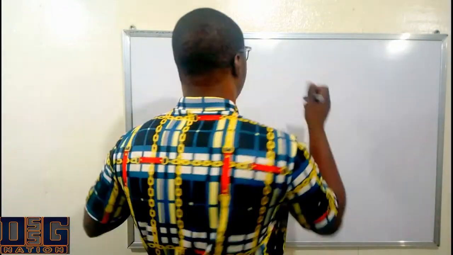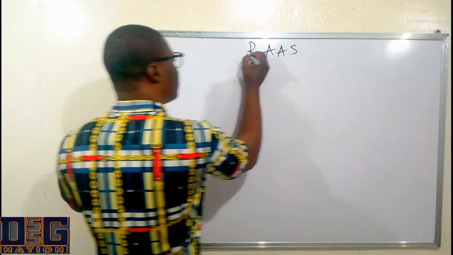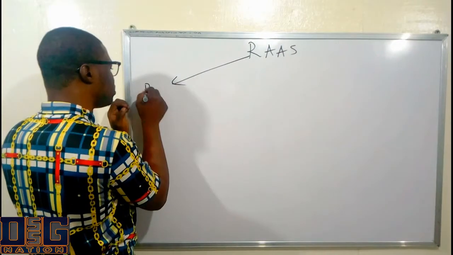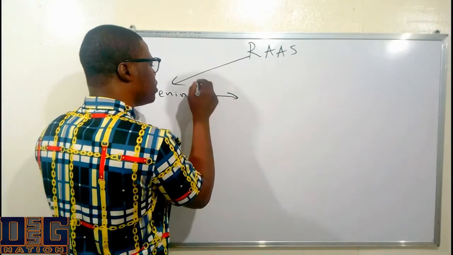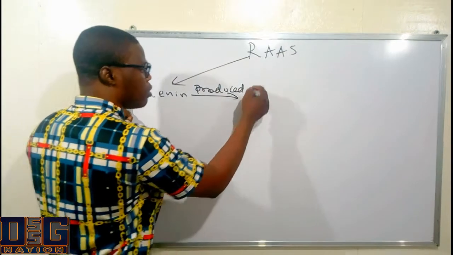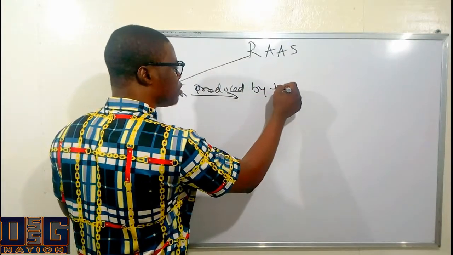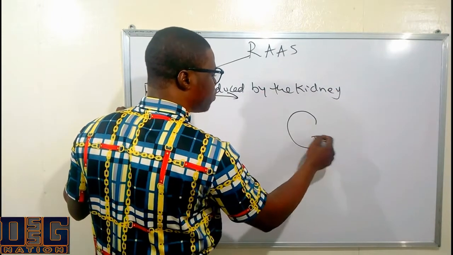So we're talking about the RAAS. I said the R is renin. This renin is produced by the kidney. And we all know that our kidney is just a bean-shaped organ.